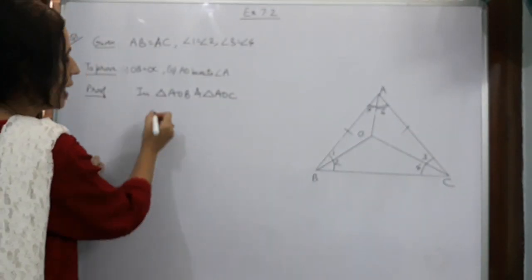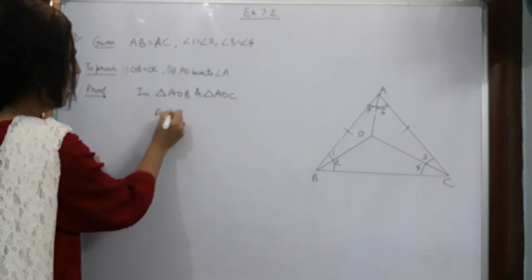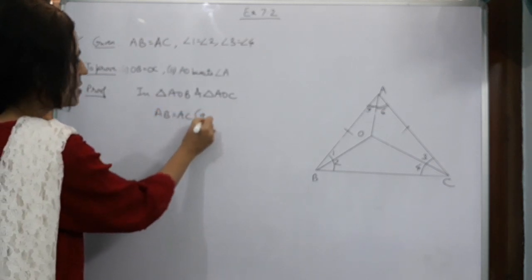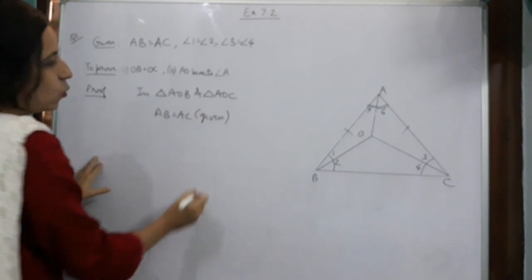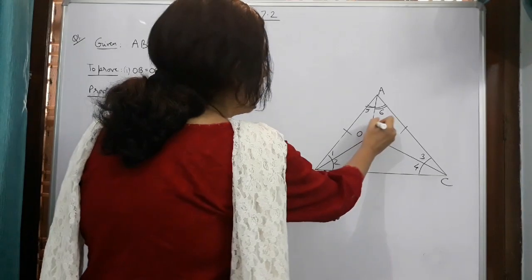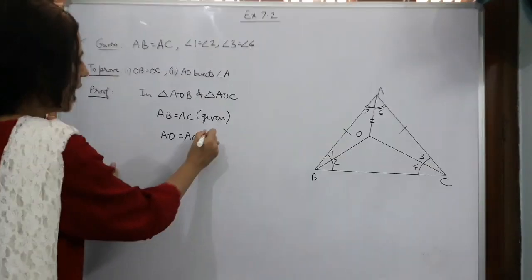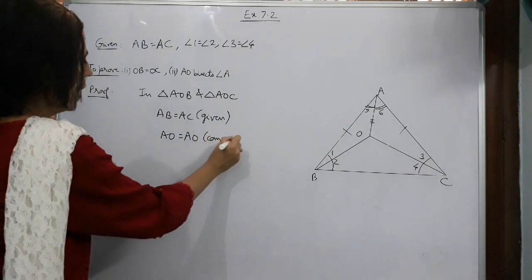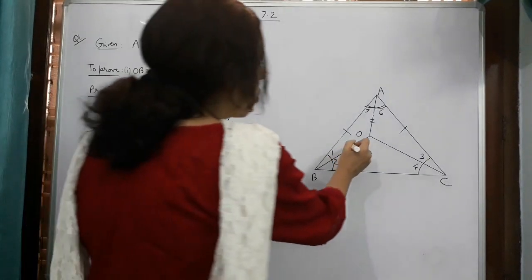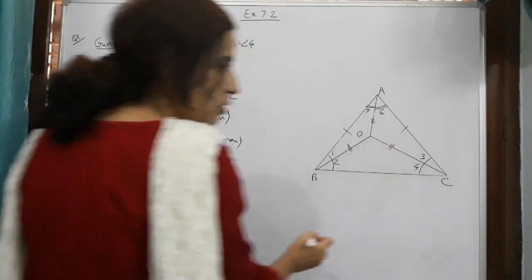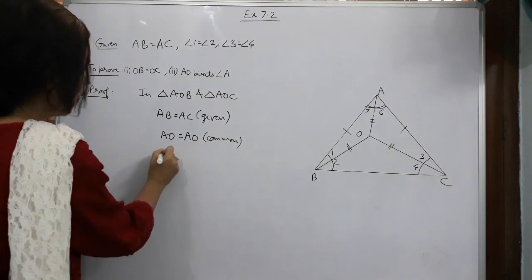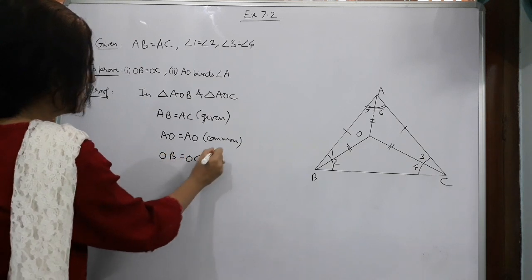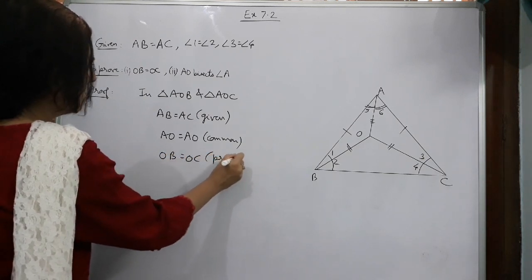In both these triangles we have AB equal to AC as it is given to us. We have AO equal to AO. It is the common side. And we have OB equal to OC. This is what we have already proved. OB is equal to OC has been proved.